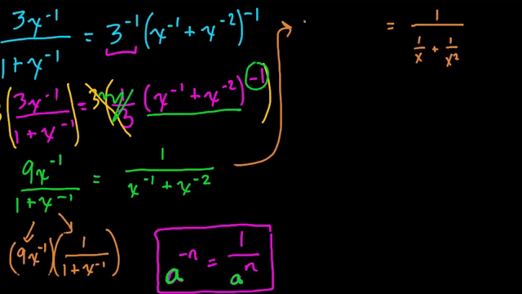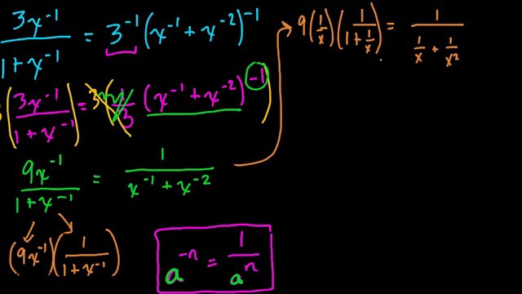I would rewrite this as 9 times 1 over x, right, times 1 over 1 plus x to the negative first. And this just helps me look at the problem from a clearer perspective. Because, oh, and what I might want to do, I'm sorry, I'm going to rewrite this bottom as 1 plus 1 over x. And now I'm really almost there, right?